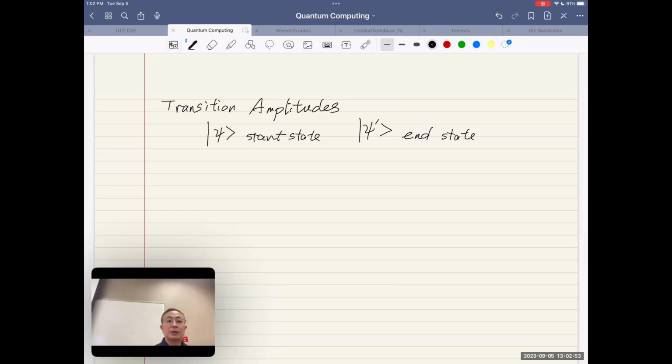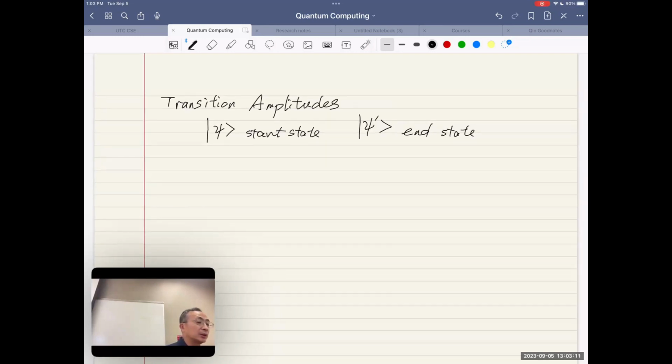So the transition amplitude from the start to the end state is represented by the so-called bracket, or inner product.